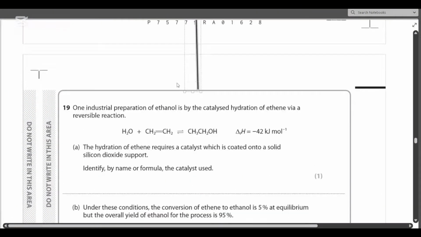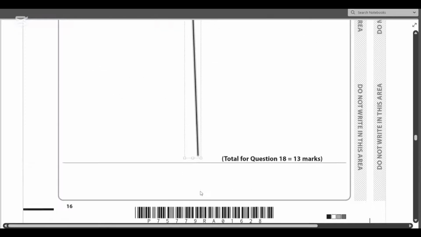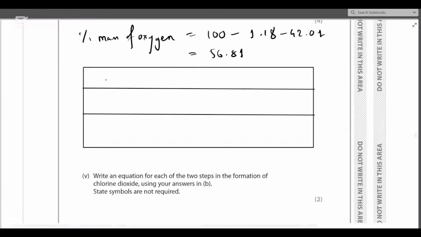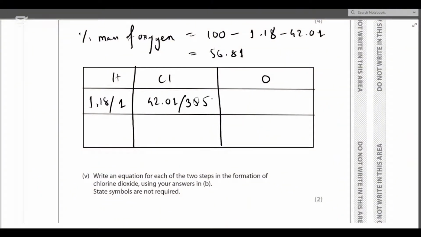Sorry about that. In this table, we are basically going to do the calculations. So it's going to take a little while. Anyways, if you do the math like this, you have H, Cl and O, and if you divide by their molar masses, eventually what you get is 1, and here you get 1 as well.